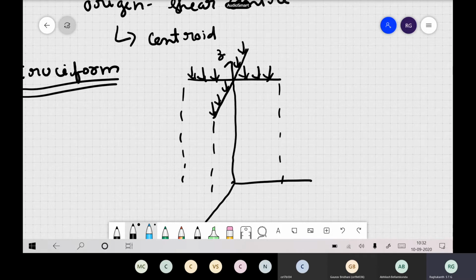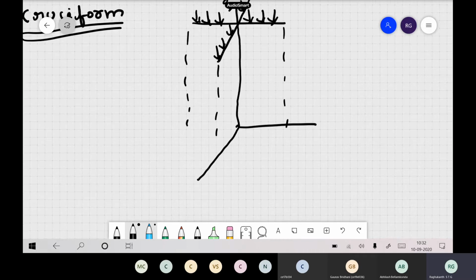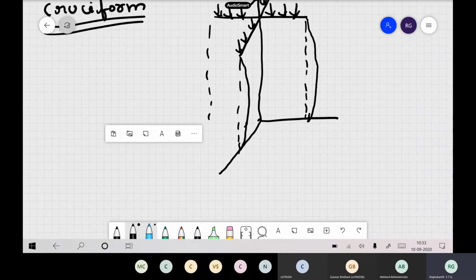Here the individual members buckle, and pure torsional buckling can happen actually. This is a very excellent example, where this will get buckled, and you can derive your own equations also.